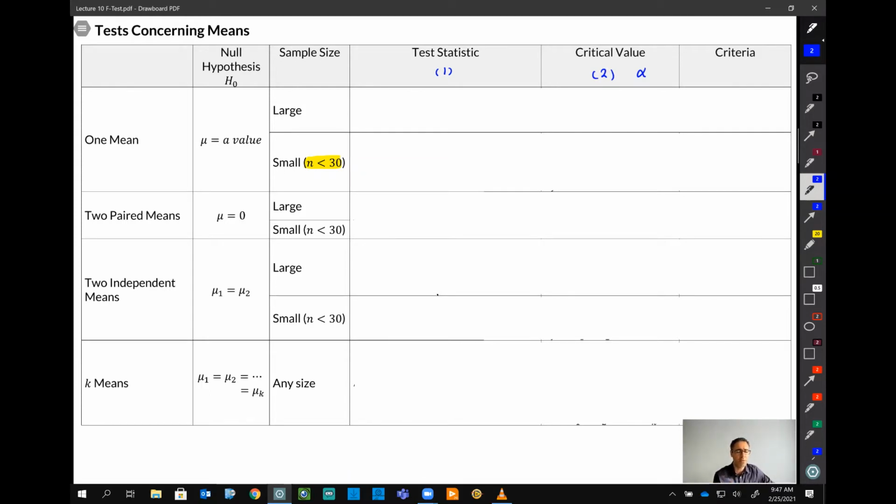If they don't, then 5% is very common. And then step number 3, you compare the test statistic that you find in step number 1 with the critical value, and either you reject your null hypothesis, or you accept it.